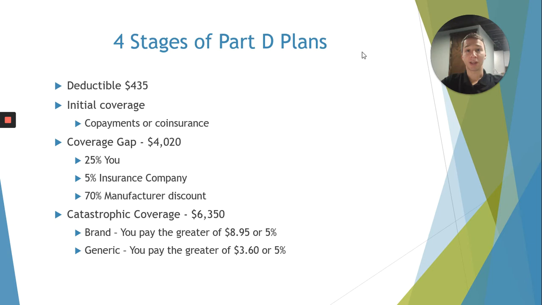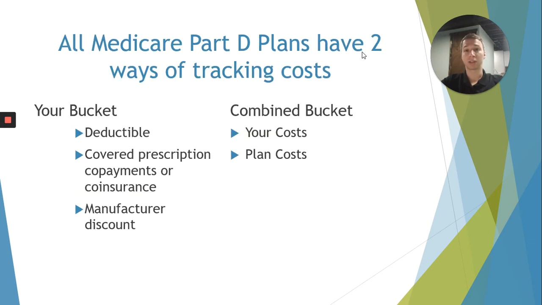So it's important to understand how you move from stage to stage. And the way you do that is by looking at the 2 buckets of costs, which are the 2 main ways that Medicare tracks your prescription costs. There's your bucket, which is the money that's applied to your deductible, the money that you spend filling your covered prescriptions, and manufacturer discount, which can be important, as you'll see in a moment.